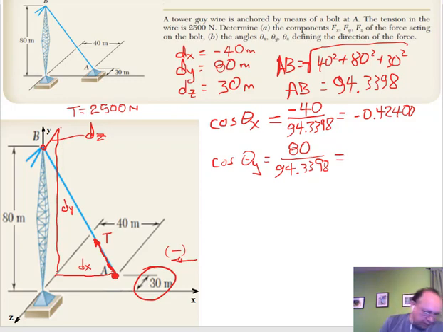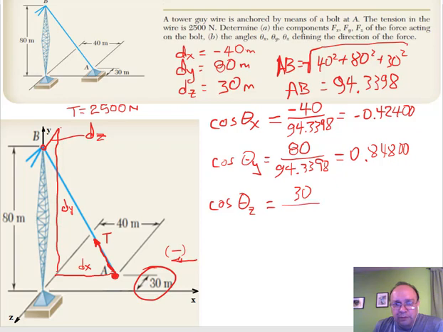So the cosine of theta y will be 0.84800, five significant digits. The cosine of theta z will be the Z component, 30, divided by 94.3398, equal to 0.31800.